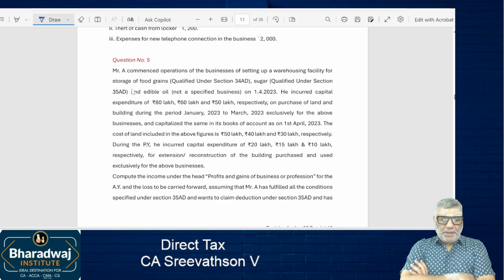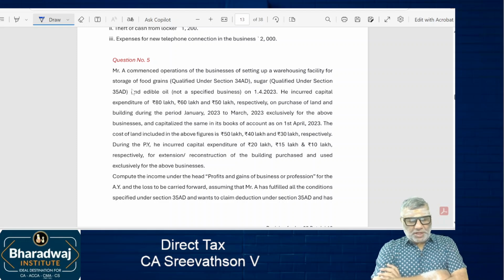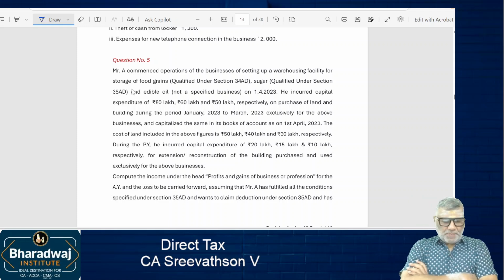He incurred capital expenditure of 80, 60, and 50 on purchase of land and building during the financial year 22-23 exclusively for the purpose of the business. The cost of land which is included in that are 50, 40, 30 respectively.